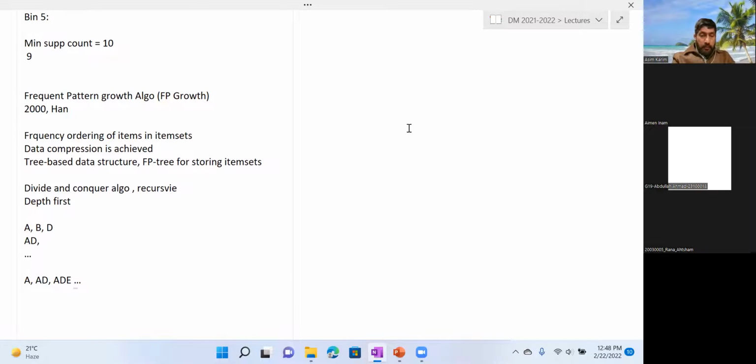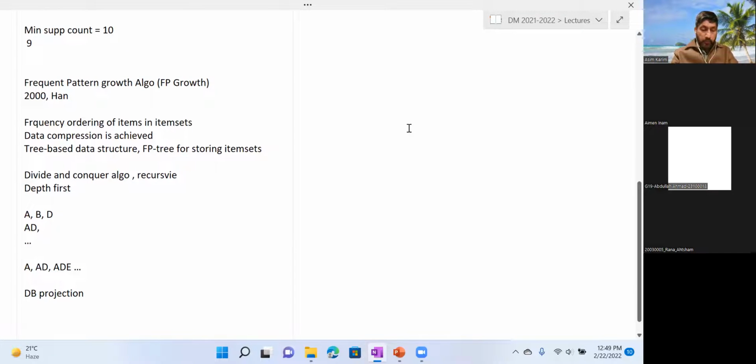To understand some of these ideas, let's also discuss database projection. Of course, we are talking about transactional databases so far. So let's say we have a transactional database.